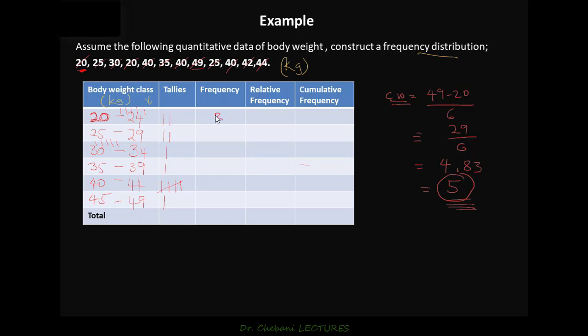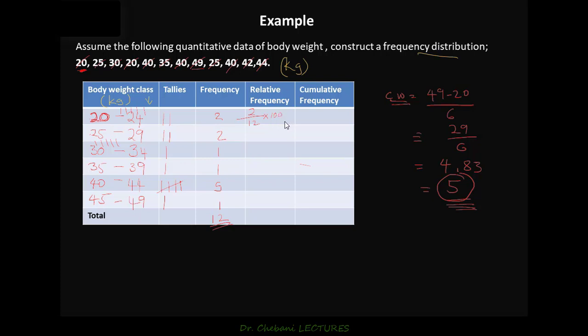So we have tallied. Then we just write our frequencies. That's easy: 2, 2, 1, 1, 5, 1. Our total there is 2, 4, 5, 6, plus 5 is 11, plus 1 is 12. So that's our total. For the relative frequencies, what we do is take the frequency of that class, which is 2, divide that by the total of the frequencies, which is 12, then multiply that by 100.